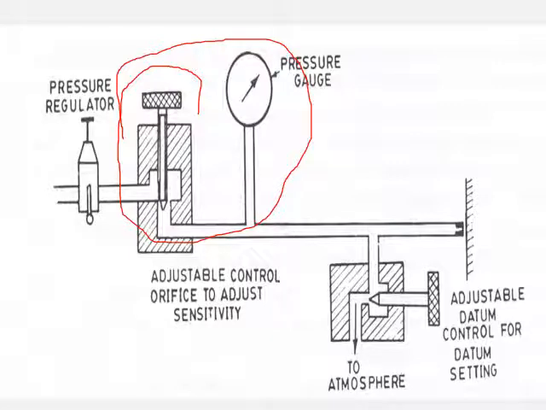When the air exits at the gauge head, a back pressure is created as the compressed air bounces back, and the air exits through the atmosphere, with the adjustable datum for the control of the datum setting. So the two different pressures are compared, and we can easily say what the pressure difference is, and based on that the distance between the gauging head and the target surface.